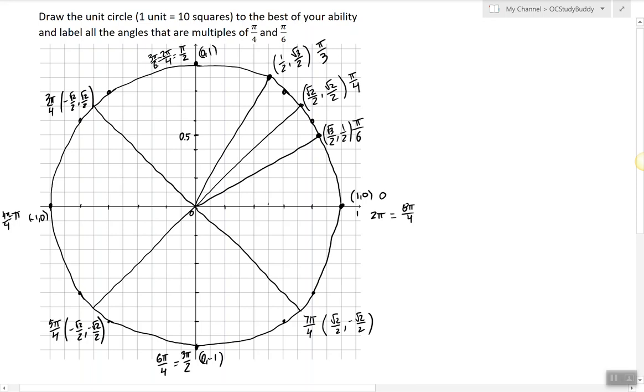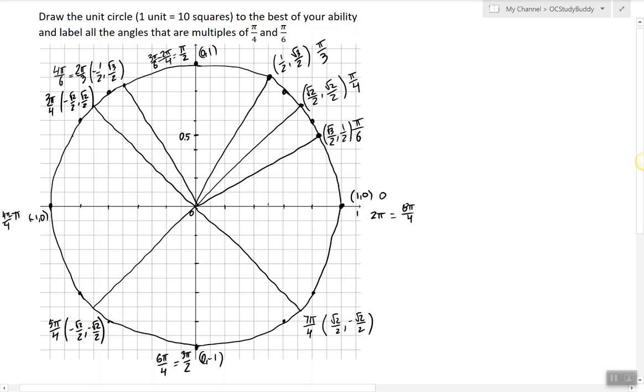Next multiple of pi over 6 is 4 pi over 6, which is 2 pi over 3. It will have the x-coordinate equal to -1/2. So this is 2 pi over 3, and the coordinates of this point are -1/2, √3 over 2. Next one will be 5 pi over 6.